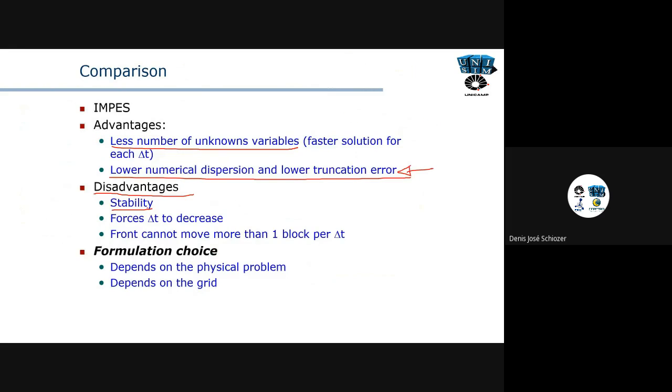So if it's not converged, I have to cut the time step and solve again. So instead of running an implicit solution, I'm running an explicit solution, and there are a lot of convergence problems. Then I have to check the solution to see if it's really faster, okay? And the time step has to be smaller. So you have to be careful about these two terms here when you are using an implicit solution. So of course, the selection of the formulation will depend on the physical problem and the grids, okay?